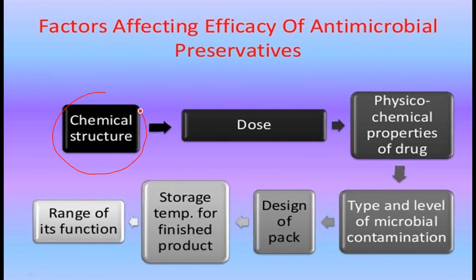First factor is chemical structure. What is the chemical structure of the preservative will affect the efficacy of that particular antimicrobial preservative. Next is dose. The quantity of dose will affect the preservative's properties.